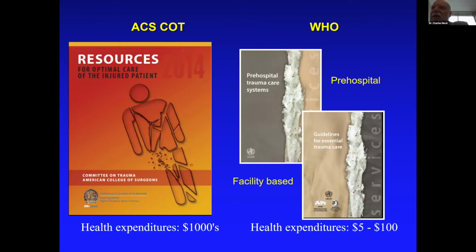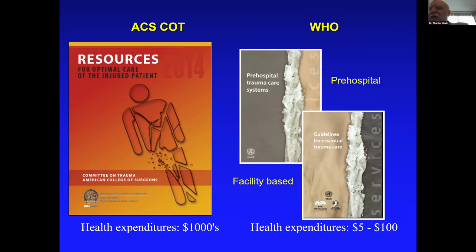In much of this, we've tried to follow in the footsteps of what groups like the American College of Surgeons have done here in North America through things like its publication, Resources for Optimal Care of the Injured Patient, which defines resources for care here in North America.